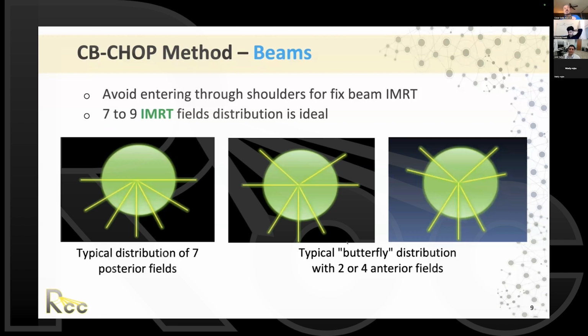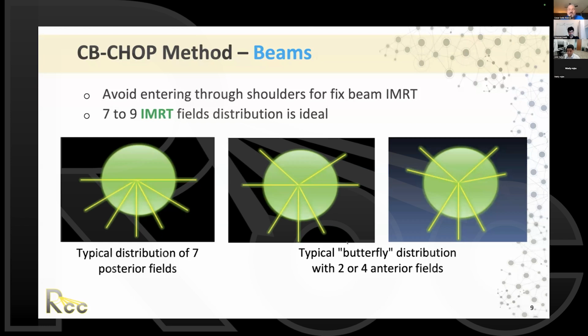And in many institutions, what I found is for many anatomical sites, you already have a standard set of beam arrangements that you normally use. So you will see, okay, we always start with this, and then if we need to make some adaptation because of the targets or avoiding certain things, we might tweak them a little bit.